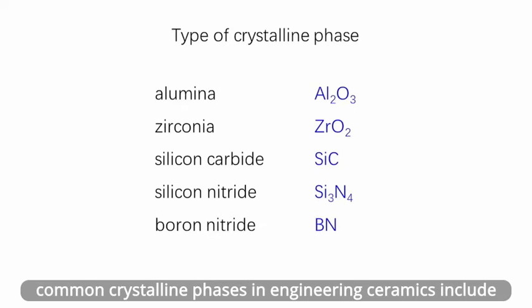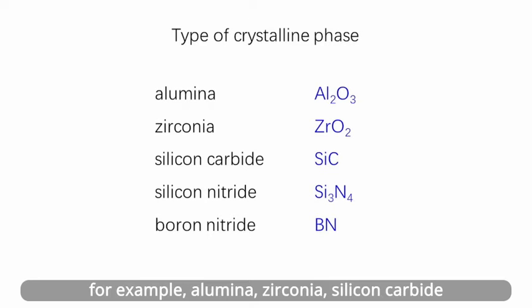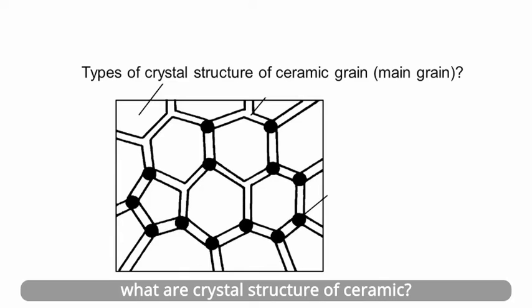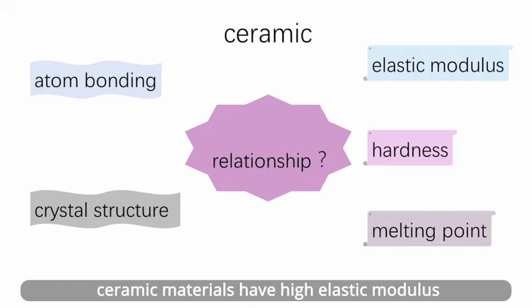Commonly, crystalline phases in engineered ceramics include, for example, alumina, zirconia, silicon carbide, silicon nitride, boron nitride, and so on. What are the crystal structures of ceramics?